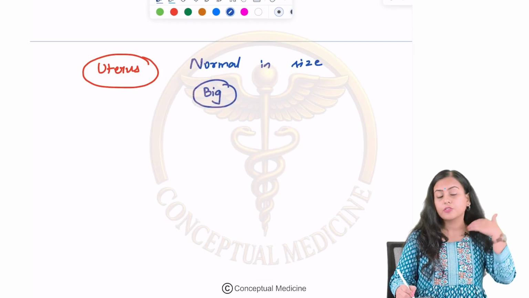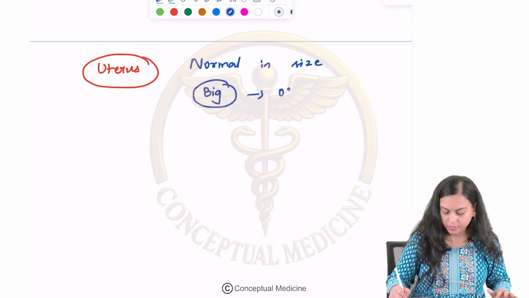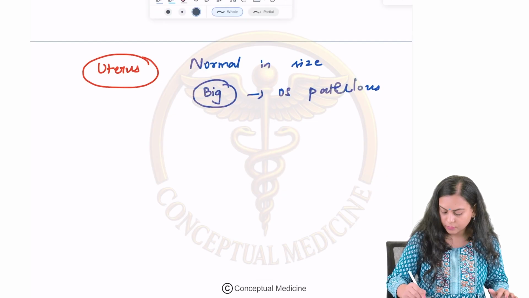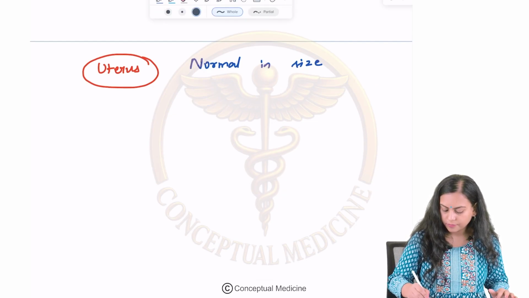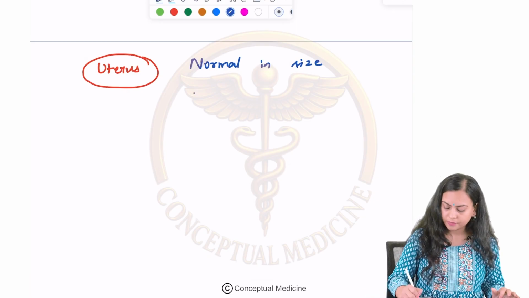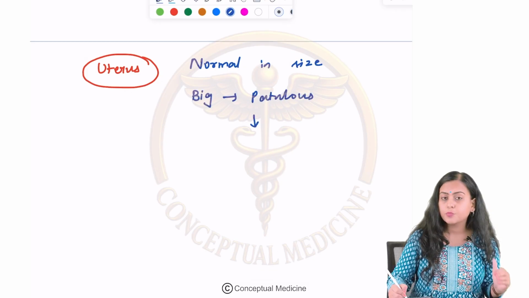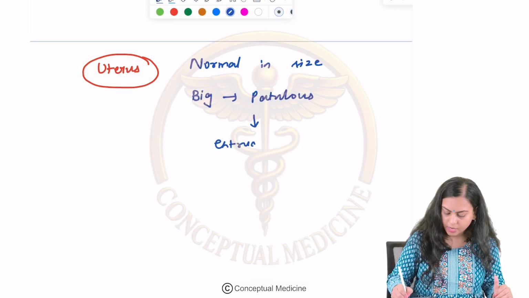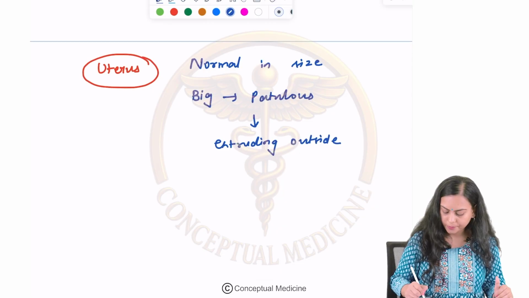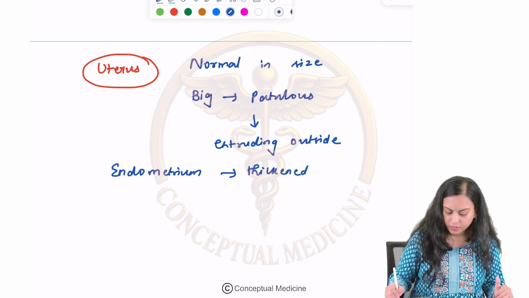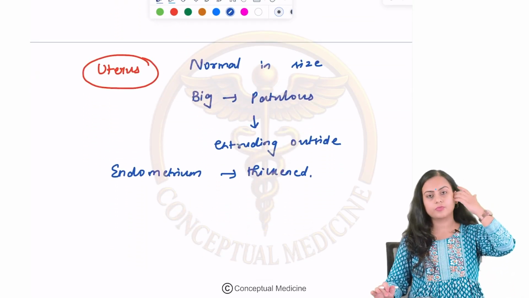Suppose the uterus is big and the os is patulous, then this polyp can be seen extruding outside through the os. Okay, and here the endometrium will also be thickened. So this is how the uterus will be in polyp.